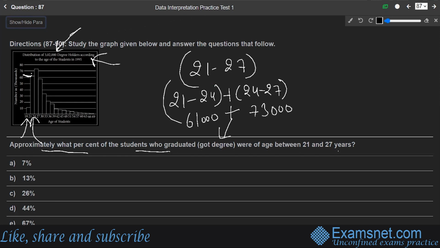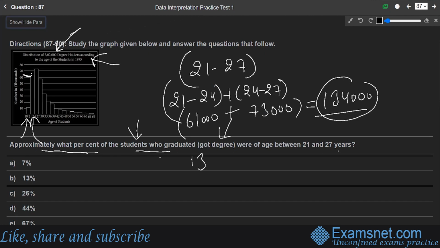Obviously we are approximating things because the clear picture is not depicted, the scales are not provided, so we are supposed to approximate. So 61,000 and 73,000. The total becomes 1,34,000. This is the total number of people who have graduated of the age group of 21 to 27. What they are asking is, this value is what percent of the total students who have graduated.